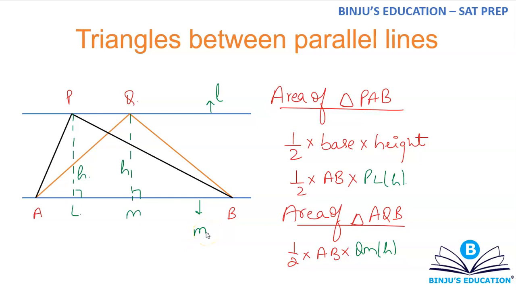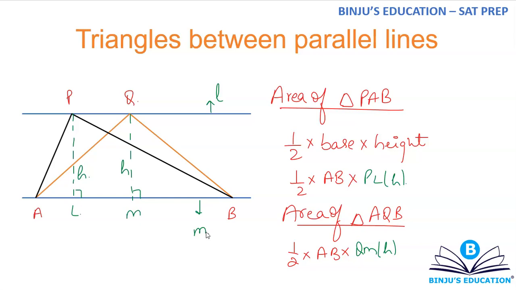Now the perpendicular distance between any two parallel lines is always constant. That's why they are parallel lines, right? So PL will be automatically equal to QM. So the two heights are equal, the two bases are equal, so their areas will automatically be equal.